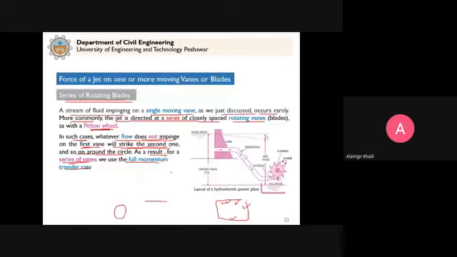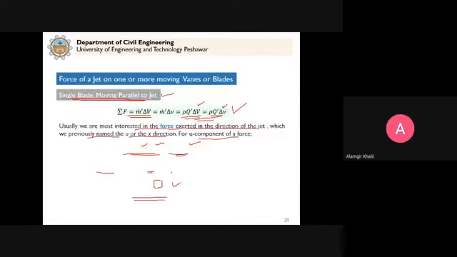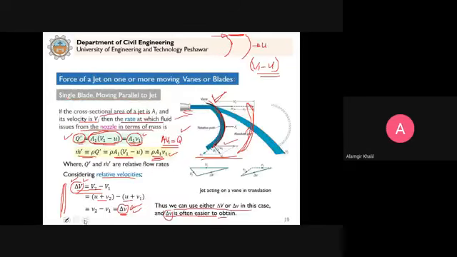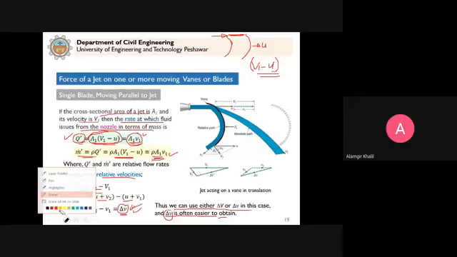Another thing I need to explain is that in this diagram you see the relative path and the absolute path. This is important, you need to understand the relative path. So you see here this jet, if it is flowing, it will follow this path. Clear?